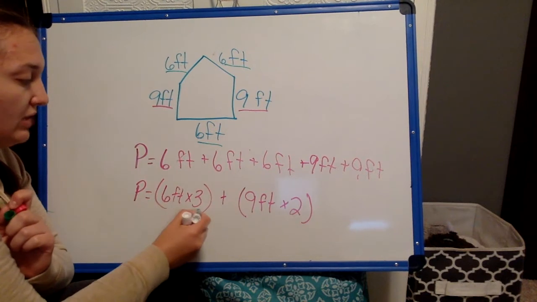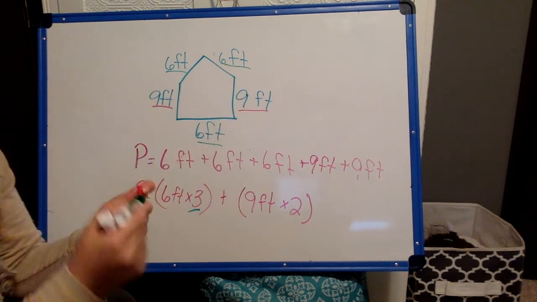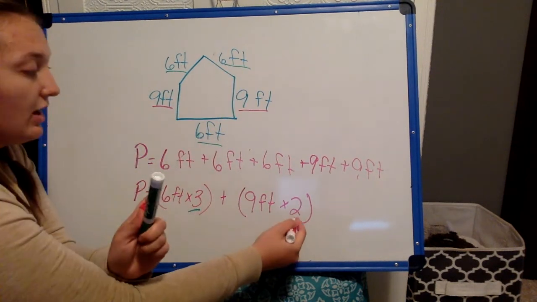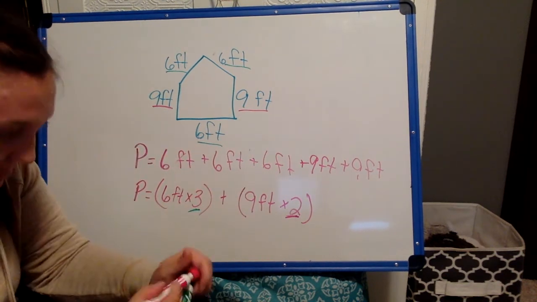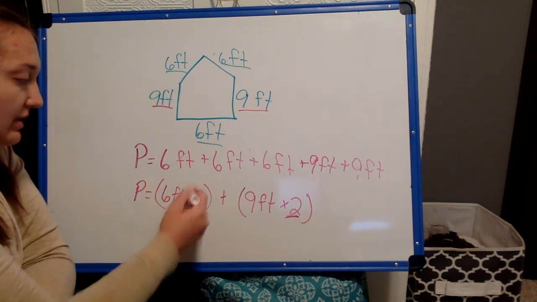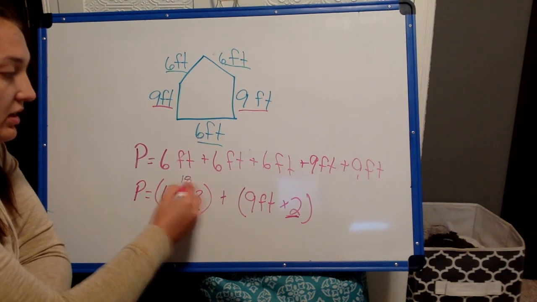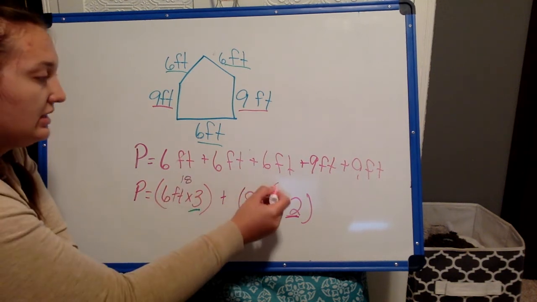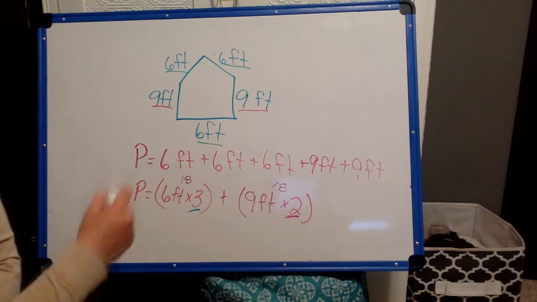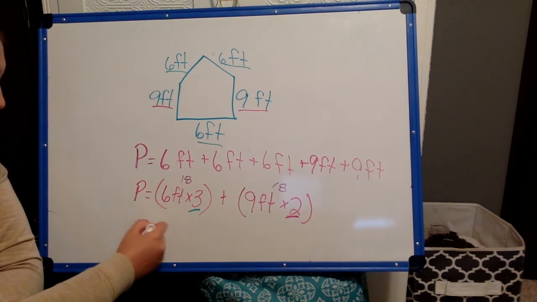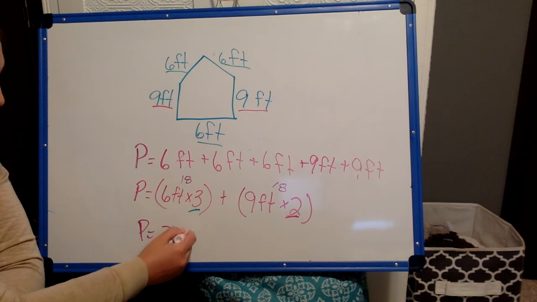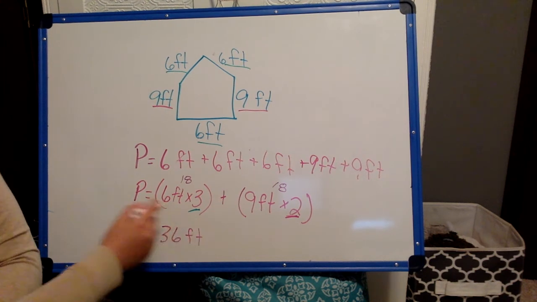So that's where the 3 comes from, the 3 sides that are 6 feet, and the 2 comes from the 2 sides that are 9 feet. And that might help me say, okay, 6 times 3 is 18. 9 times 2 is 18. 18 plus 18 is 36 feet. And I could find my perimeter.